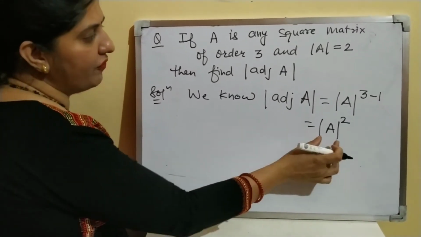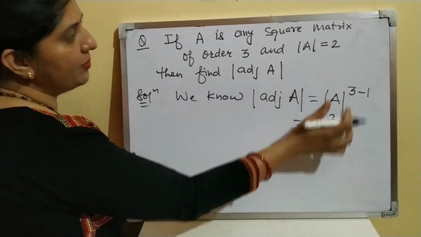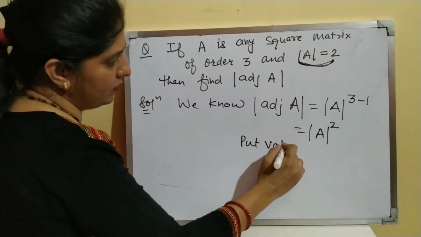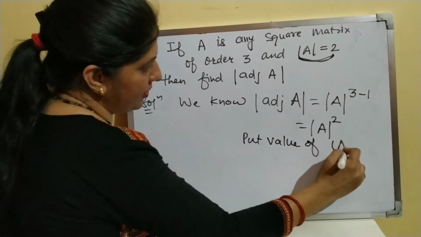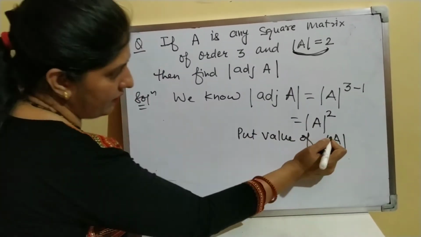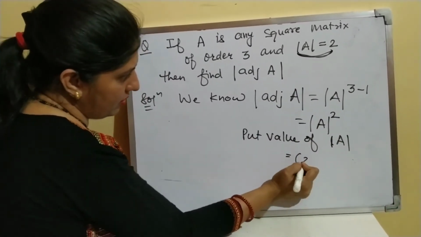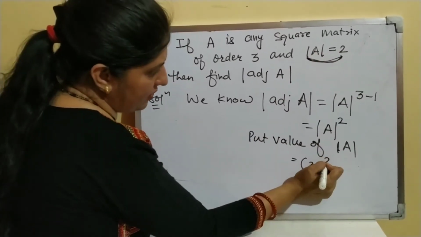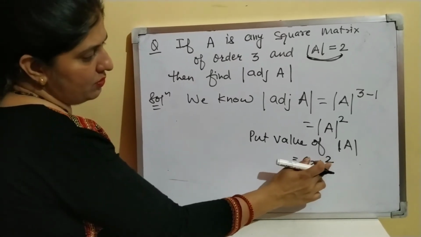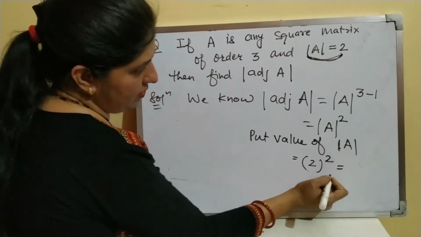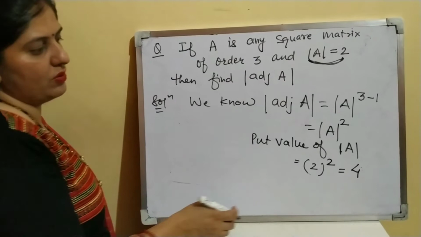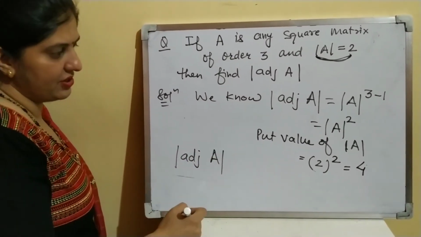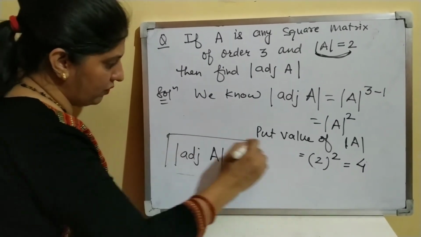Put the value of determinant of A. Determinant of A is 2 here. So we get 2 whole square. So we get 2 into 2 is equal to 4. Thus we get the answer: determinant of adjoint of the matrix A is equal to 4.